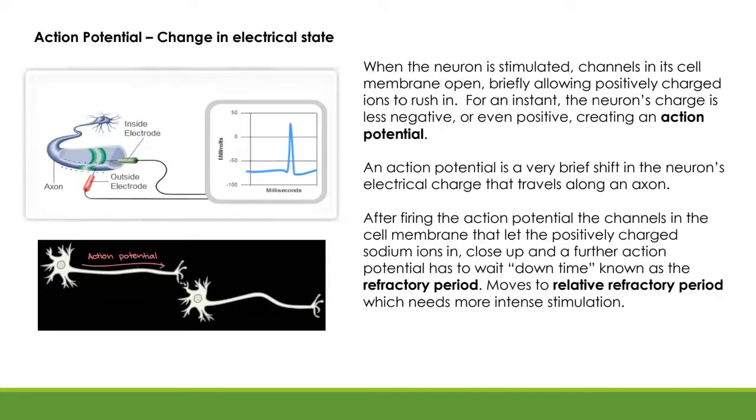Okay, so now this is where the change in electrical state happens. So when the neuron is stimulated, when that little stimulus comes through, there's little channels in the cell membrane. So we've got the cell membrane acting like a barrier. It's got the positive sodium on the outside and the negative potassium on the inside.